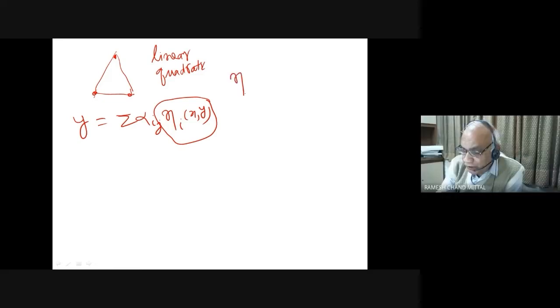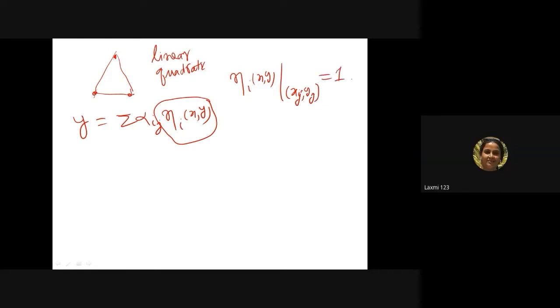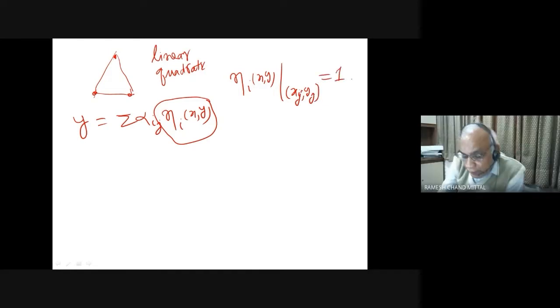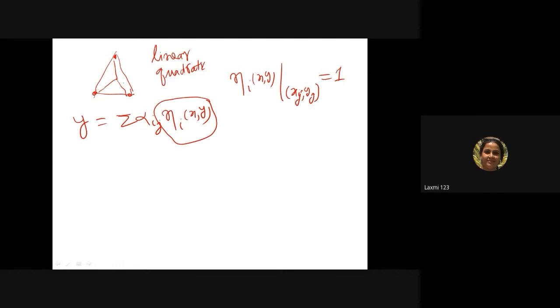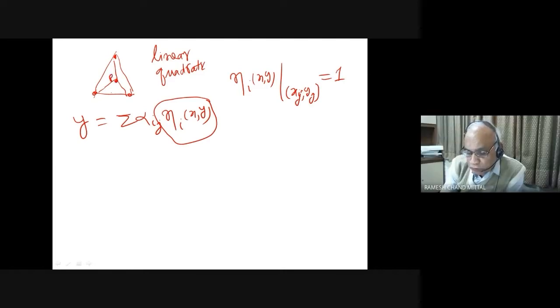So my eta(x,y) will have the property that at the vertex (xi, yj) it will be one. And in the interior, at any point I take, the solution will be in terms of the values at the vertices of this triangle.